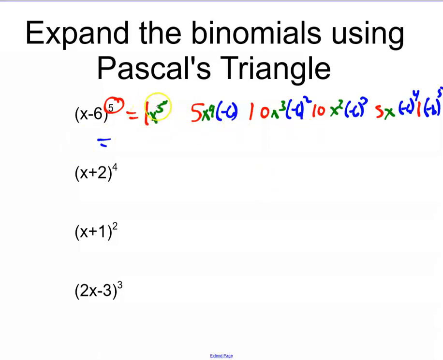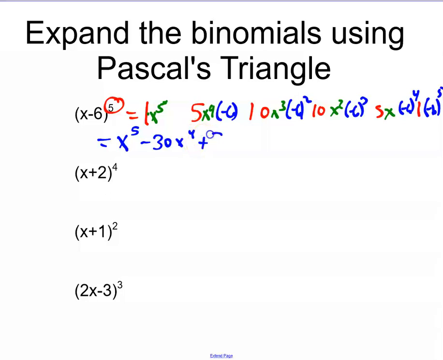So each of these is each term of our expansion. Here I have 1 times x to the 5th, which is simply x to the 5th. Here I have 5 times x to the 4th times negative 6, which gives me negative 30x to the 4th. Here I have 10 times x to the 3rd times negative 6 squared. Negative 6 squared is positive 36, and positive 36 times 10 is 360.